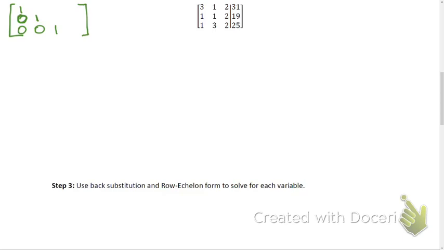Now, when we go about doing this, you need to be really careful. I would only go one column at a time, and you want to move left to right, top to bottom.